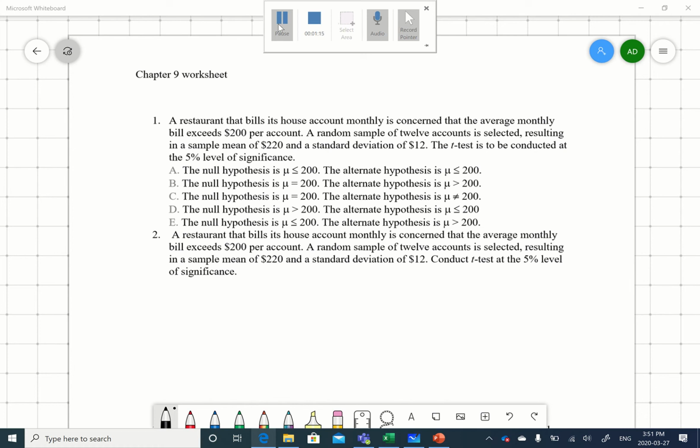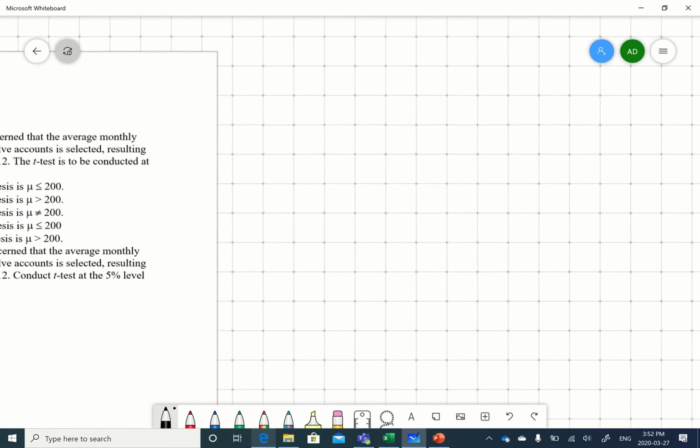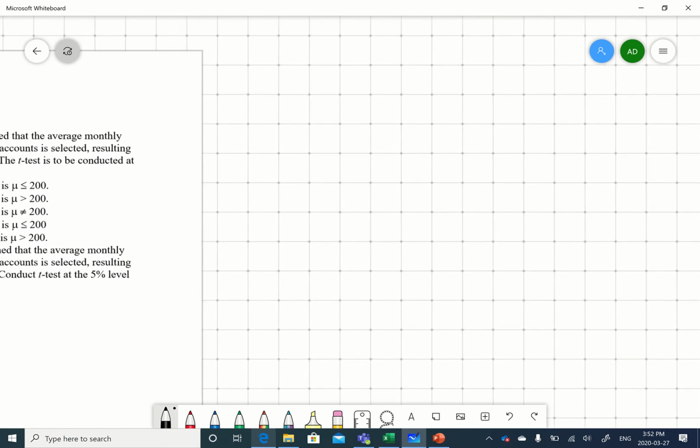Then we decide on an error rate, alpha, the significance level. Then we calculate the actual error based on our sample. And then we compare the two to make the final conclusion about the hypothesis, right? So to the side, I will quickly write them down, the 5-step process, before we begin the worksheet.